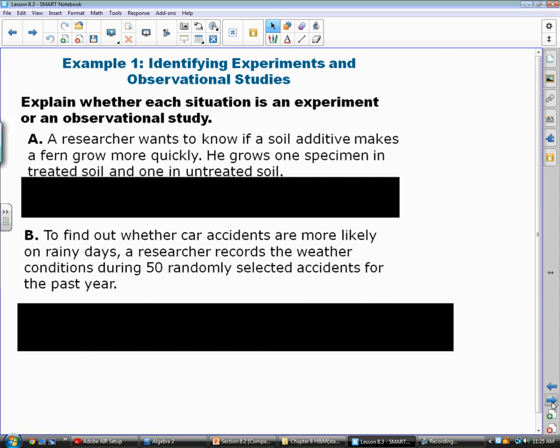Number 1 you can do, and number 2 maybe your partner will do. Number 1 says the researcher wants to know if the soil additive makes a fern grow more quickly. He grows one specimen in treated soil and another one in untreated. Go ahead and discuss with your partner what you think.